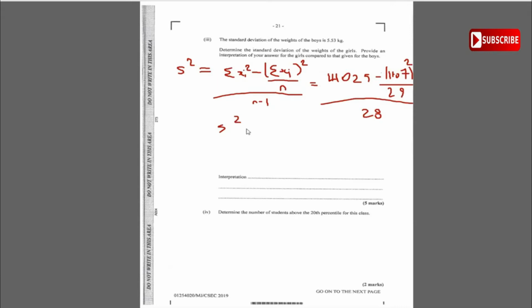So I'm getting s squared, check that out again, 1107 squared over 29, 44025 minus answer divided by 28.